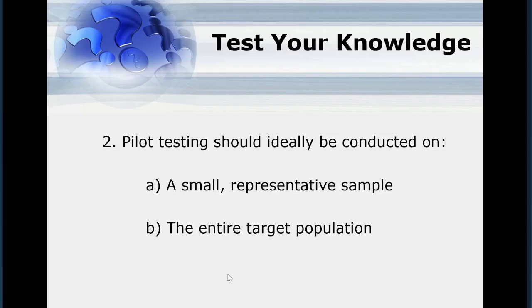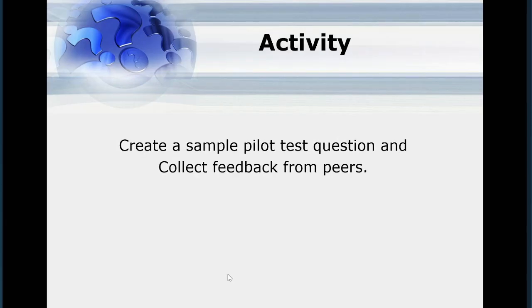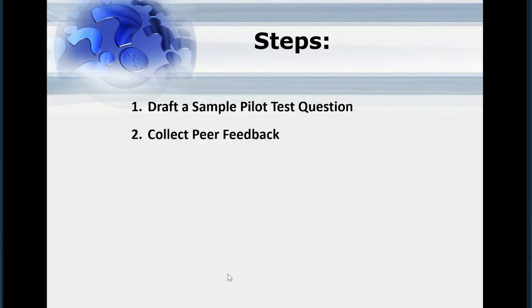You can create a sample pilot test question and collect feedback from peers. For this, you can draft a sample pilot test question. For example, "How satisfied are you with the customer support from this product?" You can use a 5-point Likert scale ranging from very dissatisfied to very satisfied.